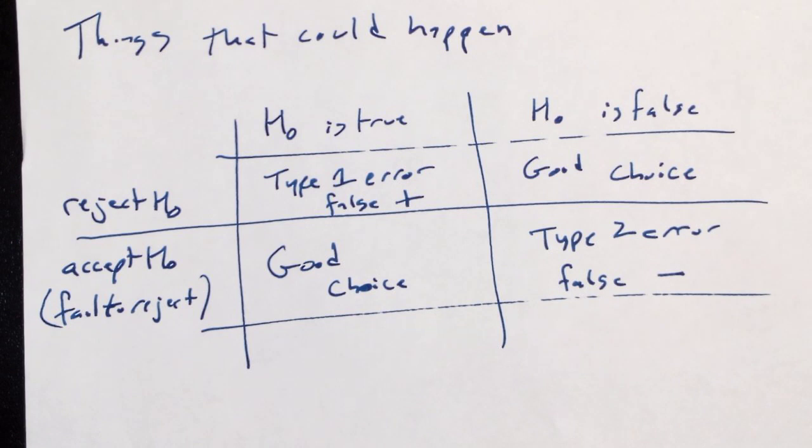This looks like the table from that question on the exam. And we calculated probabilities based on that stuff, right? So I want to think about two different probabilities that are up here.